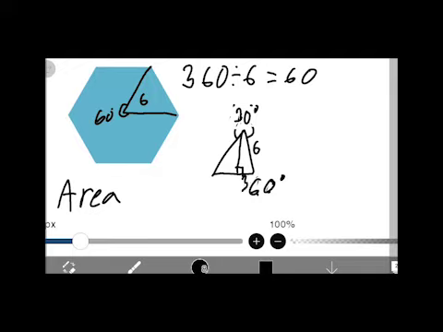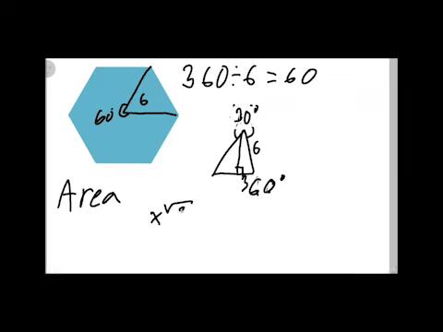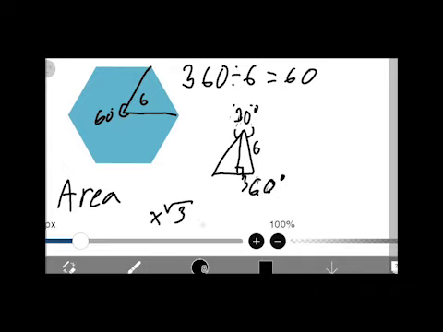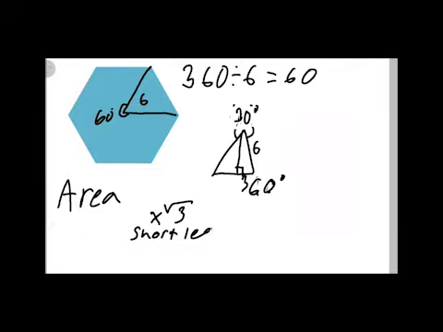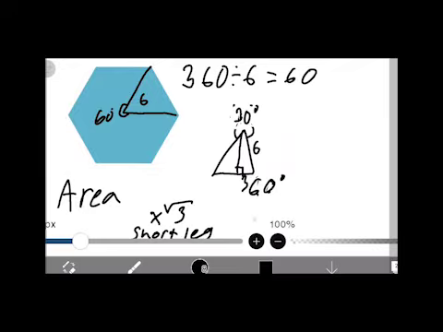The formula for the long leg is x times the square root of 3. The x in this situation is the short leg. So, the long leg equals 3 times the square root of 3. Great.